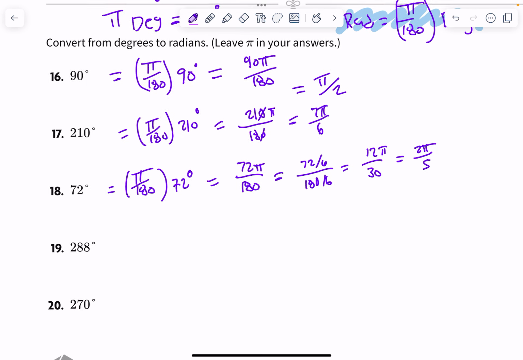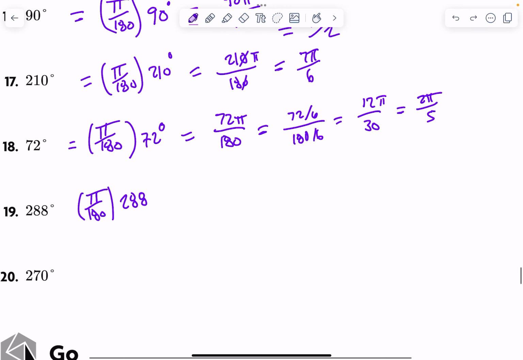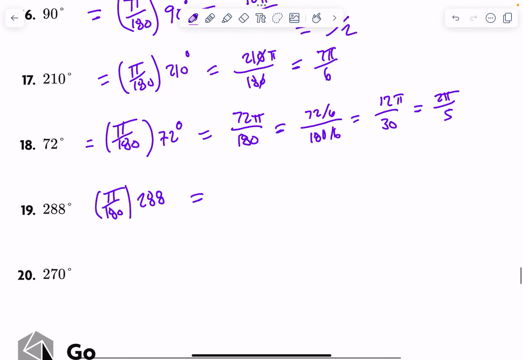Okay, now I'm left with pi over 180 times 288 degrees, which is equal to 288 over 180 pi.